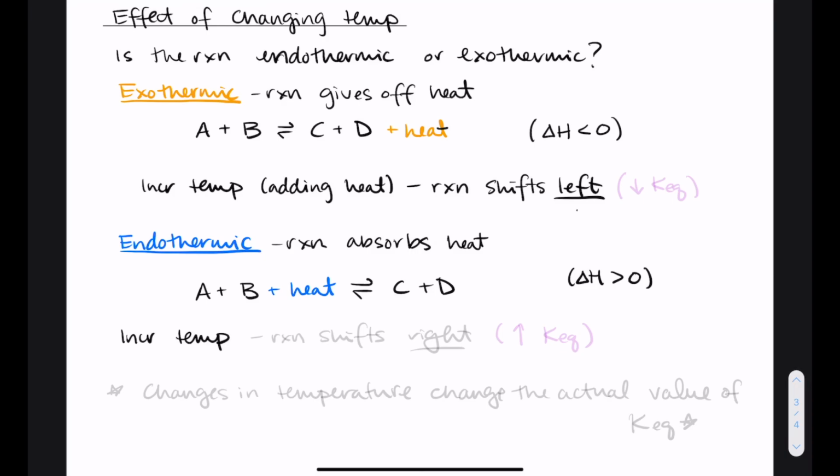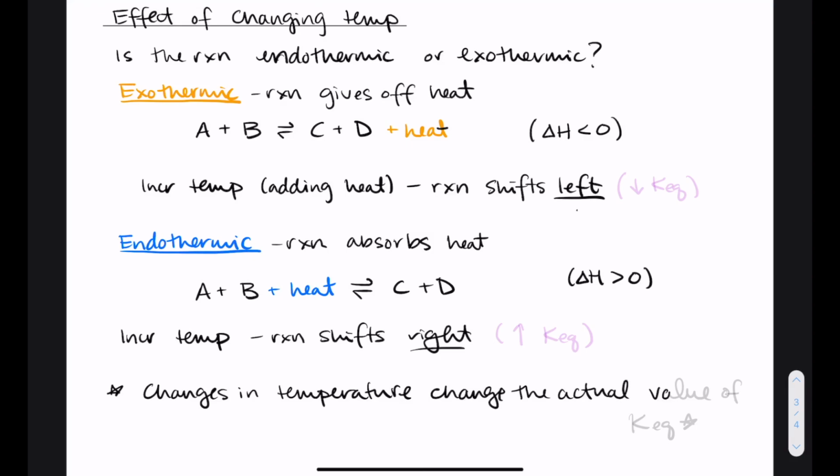For something that is endothermic, it means the reaction absorbs heat as it goes. So this would be like saying A plus B plus heat in equilibrium with C plus D. So this would be indicated by saying the change in enthalpy is positive, so anything greater than zero.